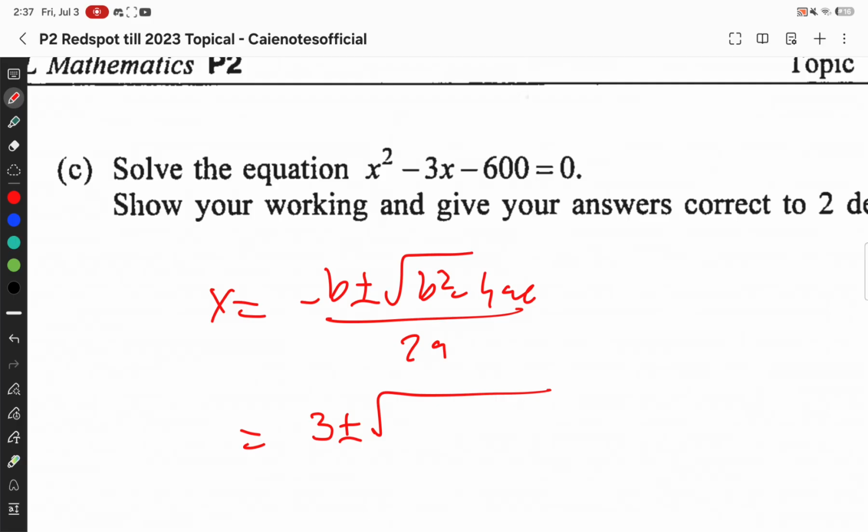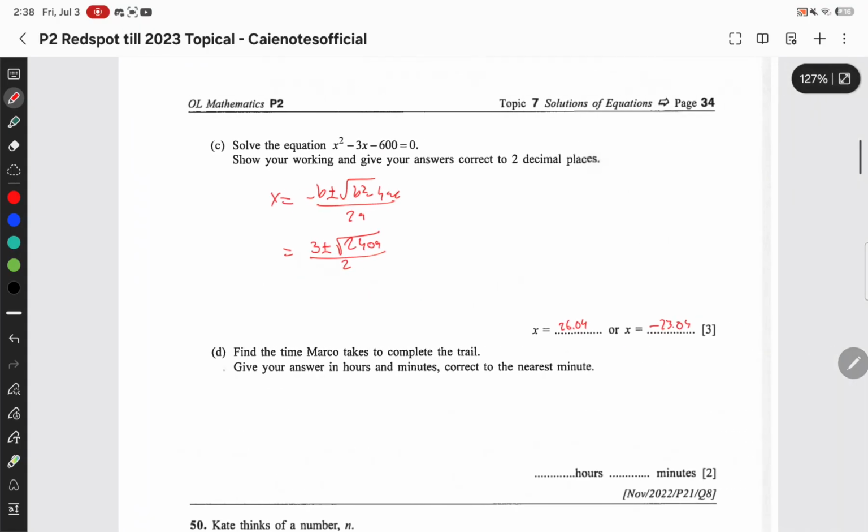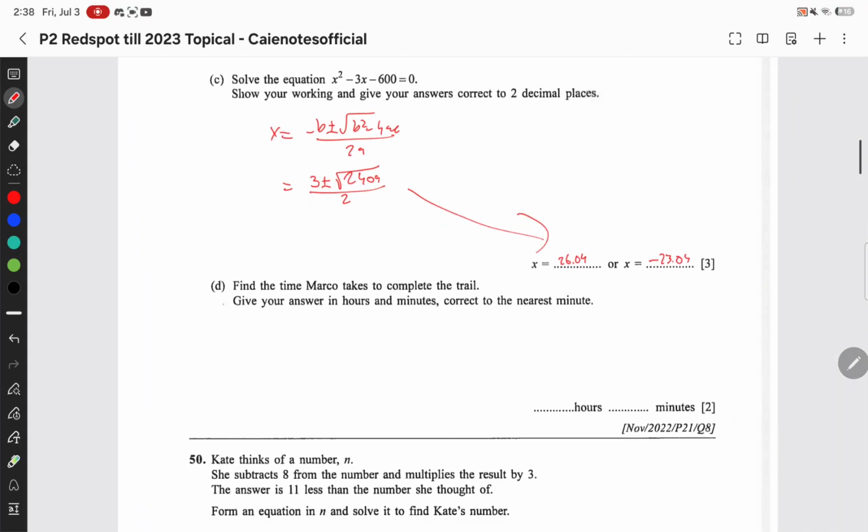Bracket minus 3 power 2 minus 4 multiply open bracket 1 close bracket multiply open bracket negative 600 close bracket is equal to 2409, which is what? Not a perfect square. 2 times 1 is 2, so we get this, and we just get these two numbers.